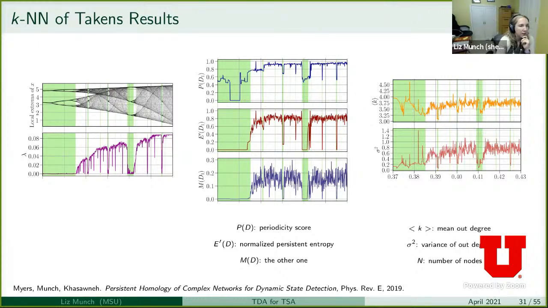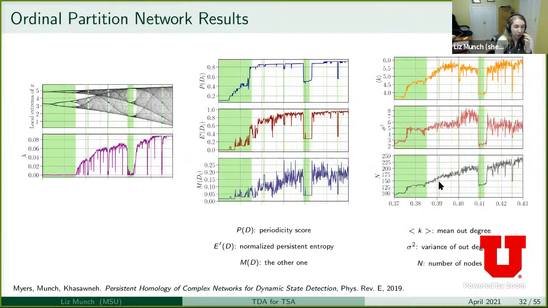So that is promising. This is a version where we did the same thing on the ordinal partition network, and in this case I think we have even clearer differentiation. Especially in this wider region, we're seeing big jumps, and there are also differences in the other regions where we have bifurcations.